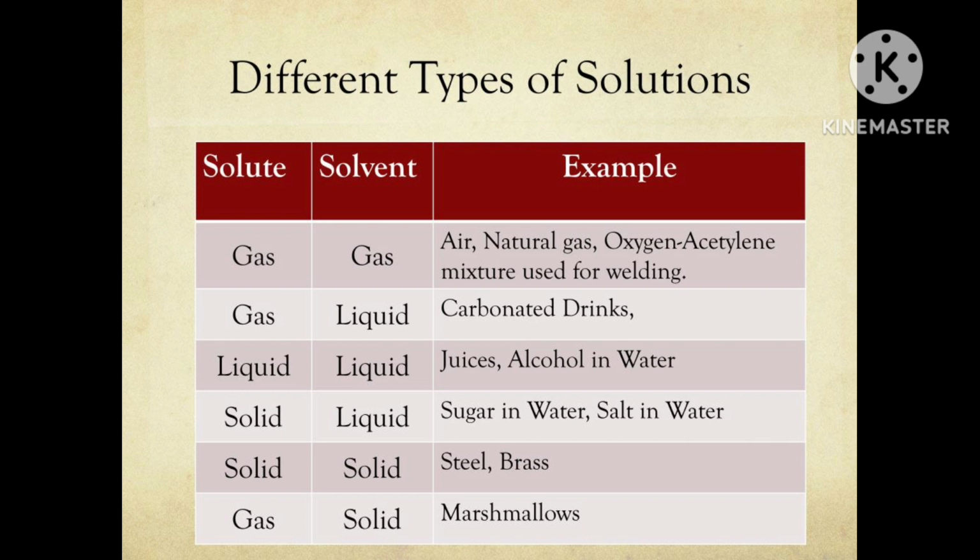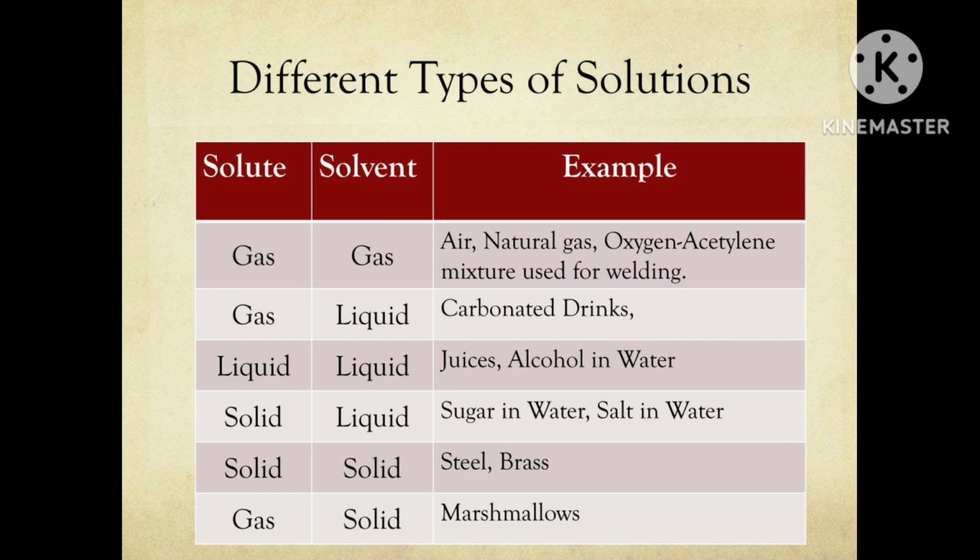Generally, the component that is present in the largest quantity is known as the solvent. The solvent determines the physical state in which the solution exists. One or more of the other components present in the solution, other than the solvent, are called solutes.